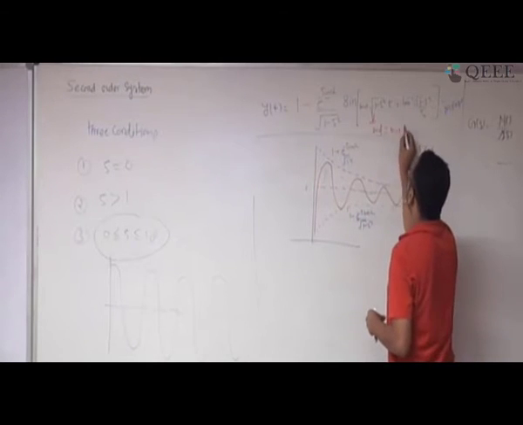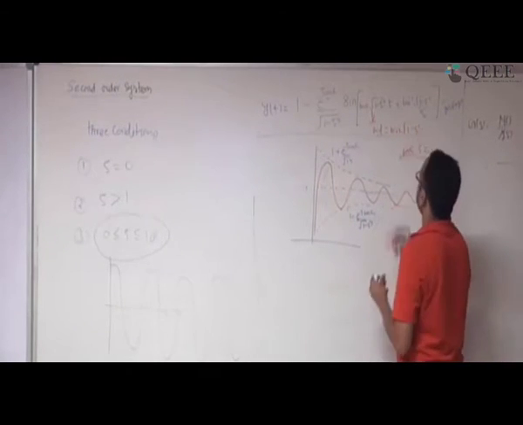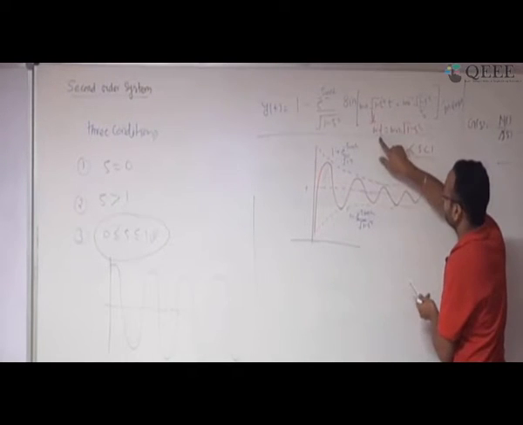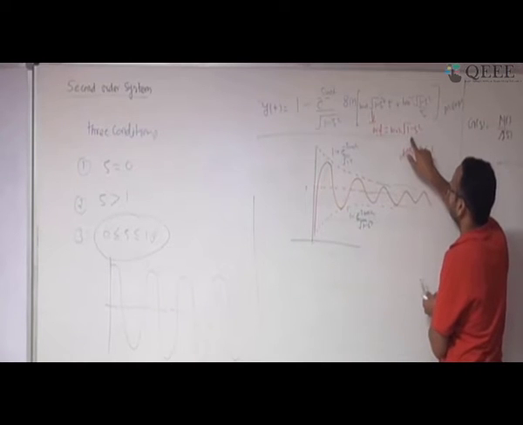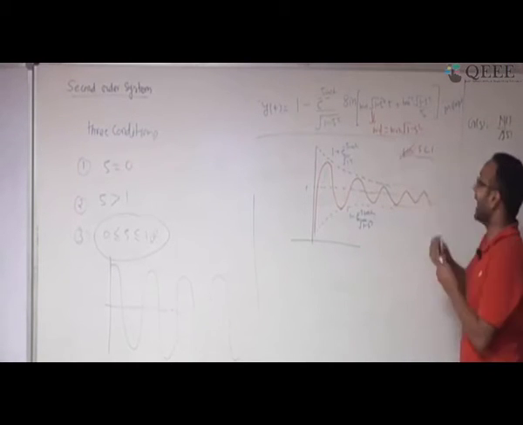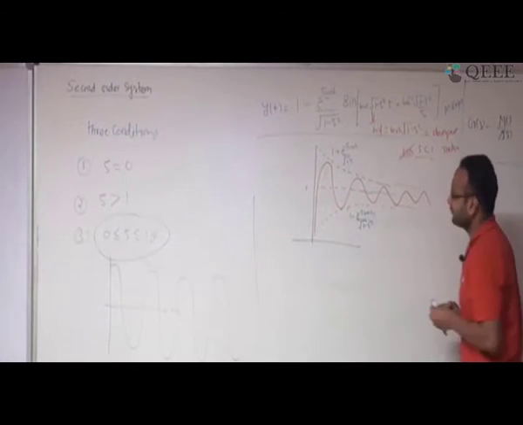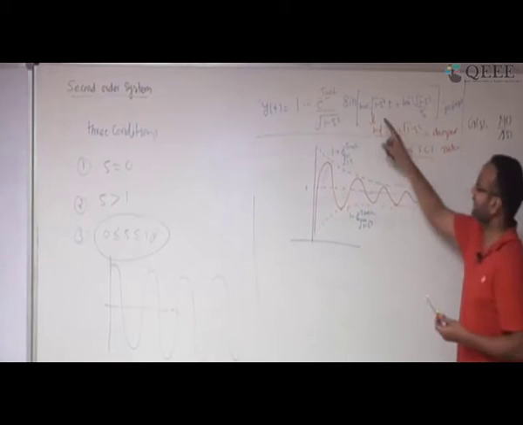Omega d is nothing but omega n times the square root of 1 minus zeta square. So look at this, the damping comes with a sinusoidal frequency of omega d, that is omega n times the square root of 1 minus zeta square. That is why it is called damped natural frequency.